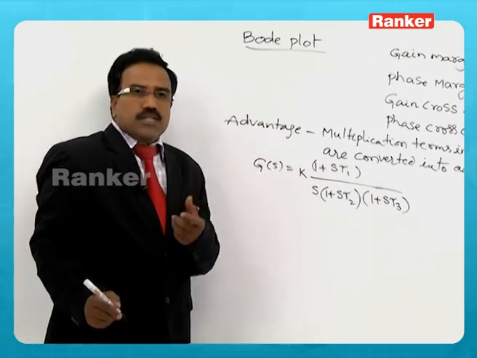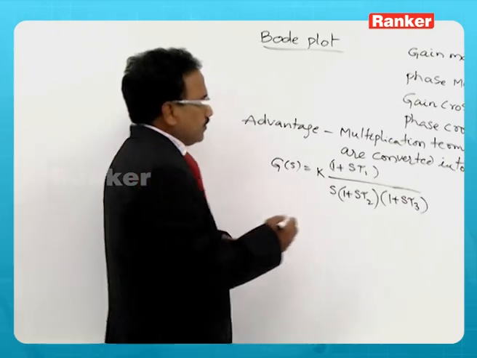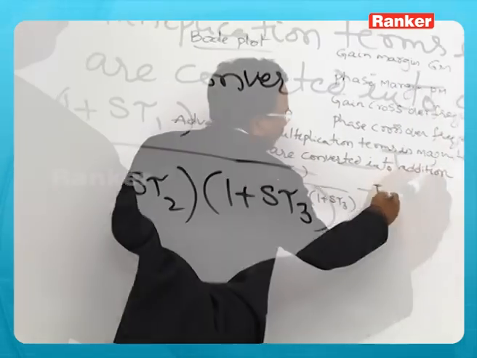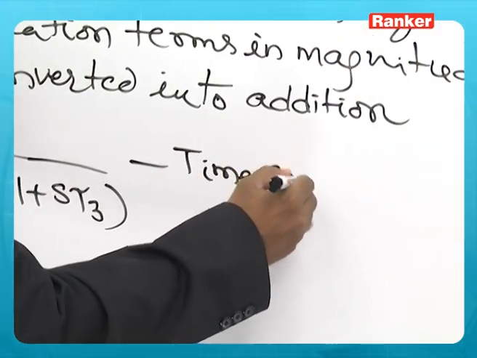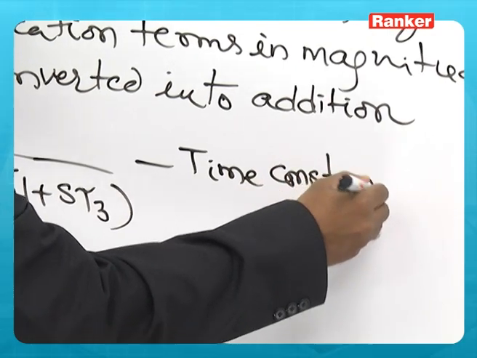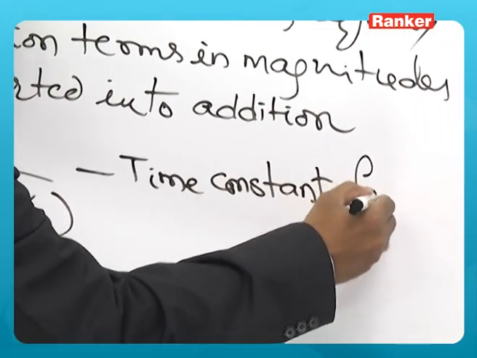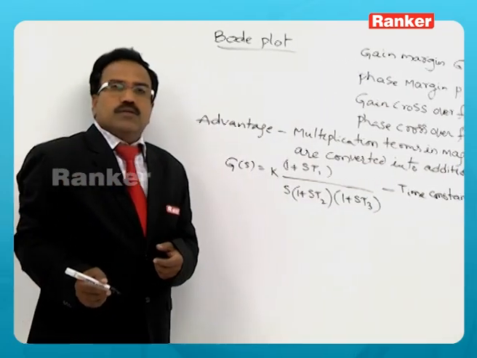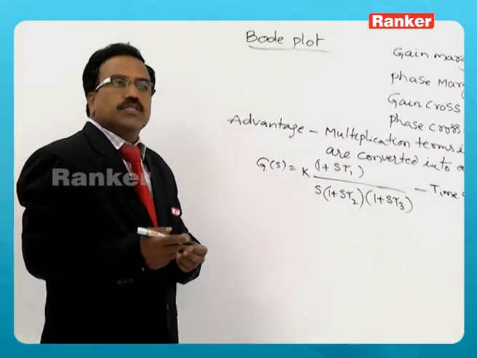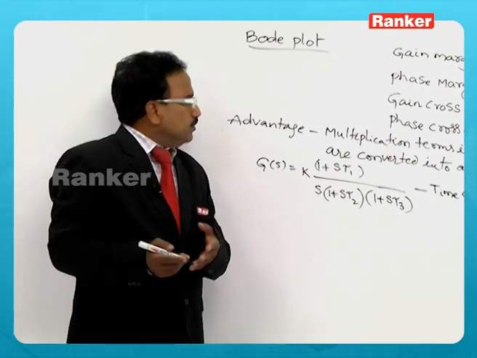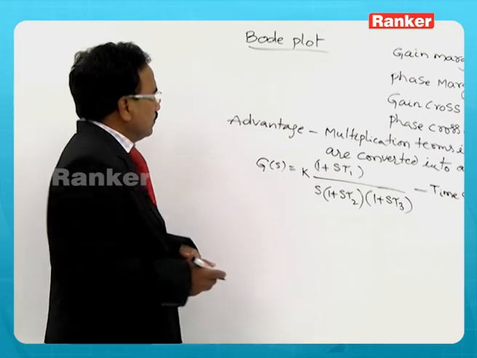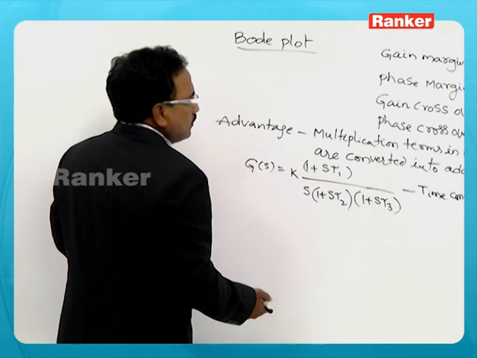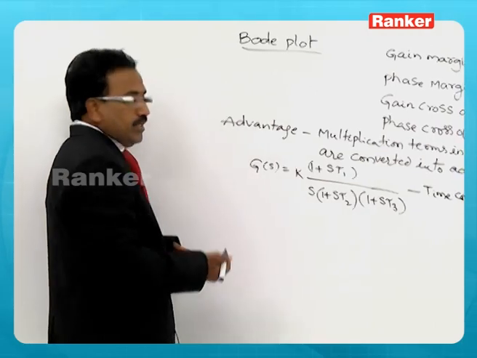The given transfer function is in S domain, and this form is known as time constant form. If the given function is in pole-zero form, it is better to convert it into time constant form.